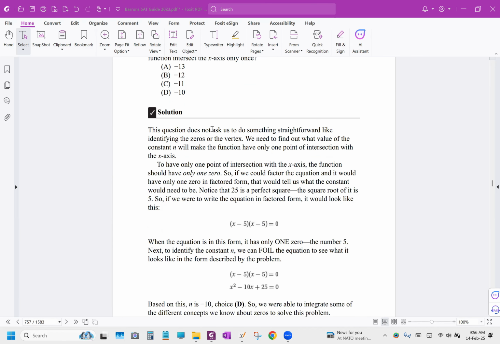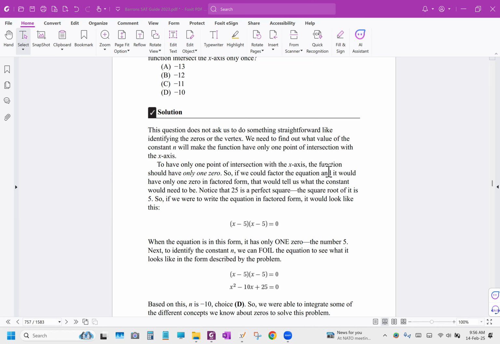This question does not ask us to do something straightforward like identifying the zeros. We need to find out what value of the constant n will make the function have only one point of intersection with the x-axis. To have only one point of intersection with the x-axis, the function should have only one zero.